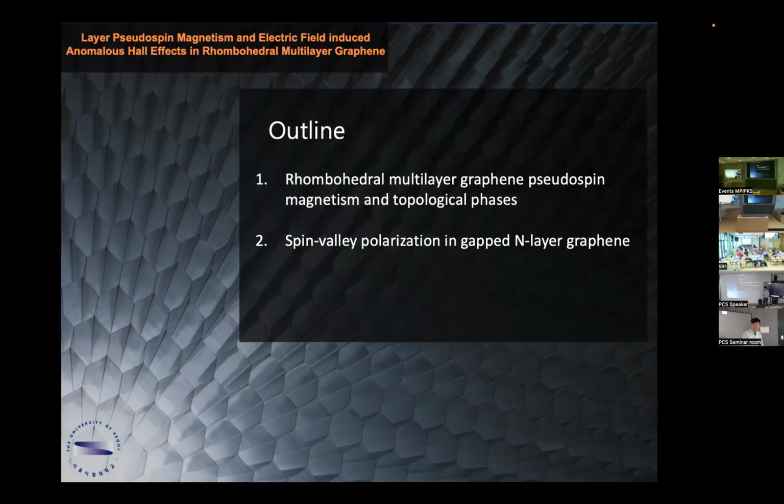Nevertheless, I'll be speaking more about the earlier results, to lay the foundations before I discuss these spin and bipolarized states in gated multilayer rhombohedral systems. And for that, I'll be spending a good part of the initial part of the presentation on introductory content.